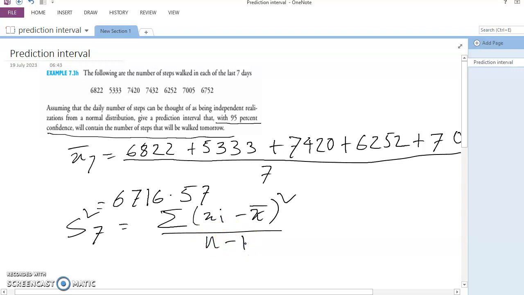This is the variance formula, and this is the way you can find the variance.